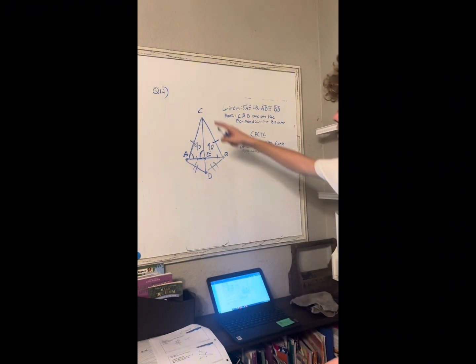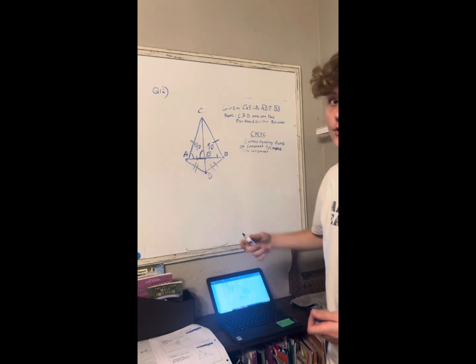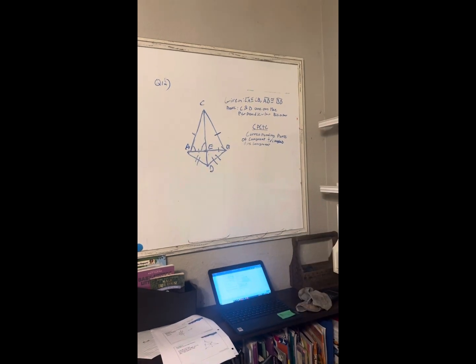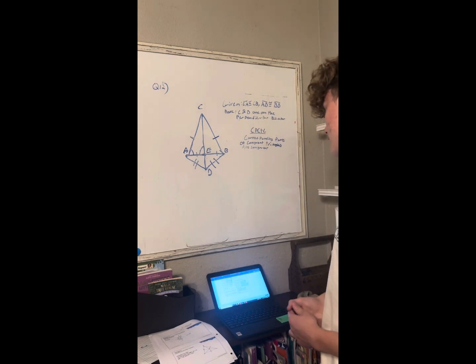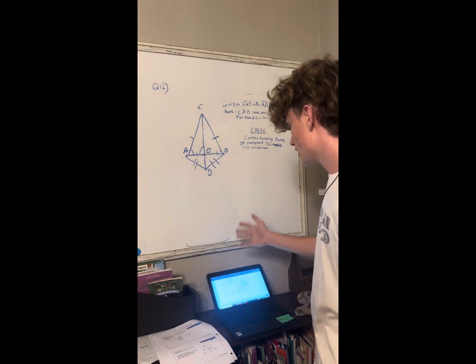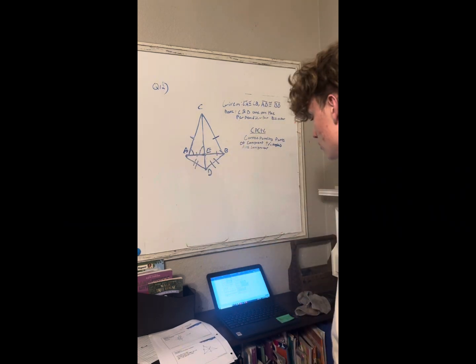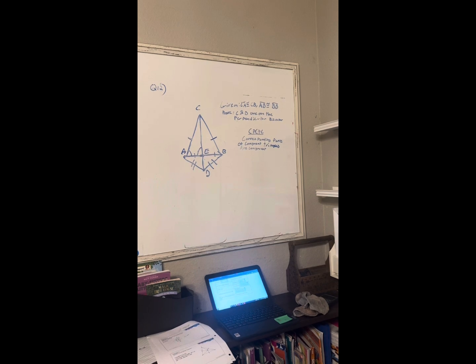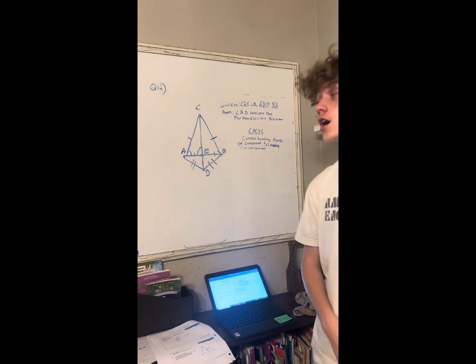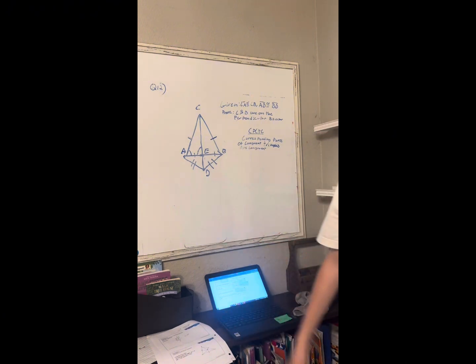But if you just have CEA plus CEA, you still get 180. 14 on question 12 is exactly the same, where it is saying CEA times 2 equals 180, because we know that that is 90 degrees, which is the exact same as the last one. All right, so number 15 on question 12 is CEA equals 90 degrees, which is the division property of equality, which is what we've been talking about for the past 3 parts of this question.